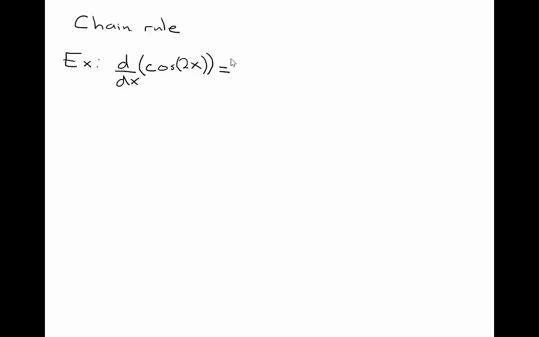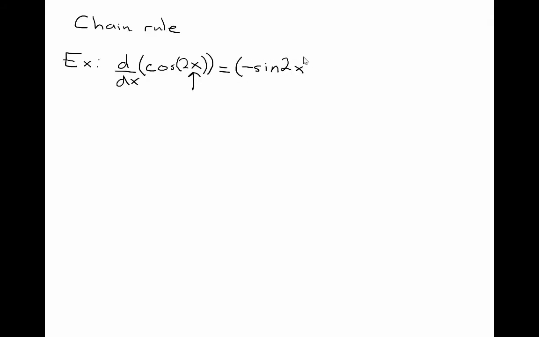The chain rule is basically when you have a function inside a function. Here, 2x is our inside function, and cosine is our big function. So we take the derivative of the big function. The derivative of cosine is negative sine. And we leave the insides alone, so we keep that 2x.